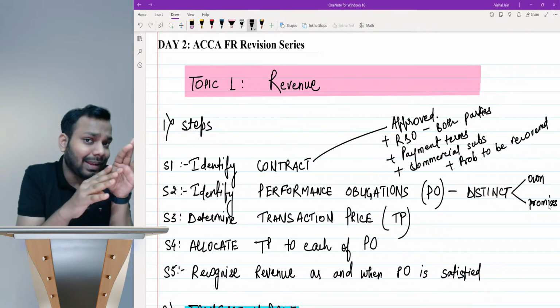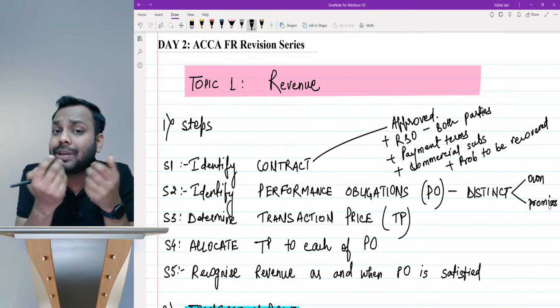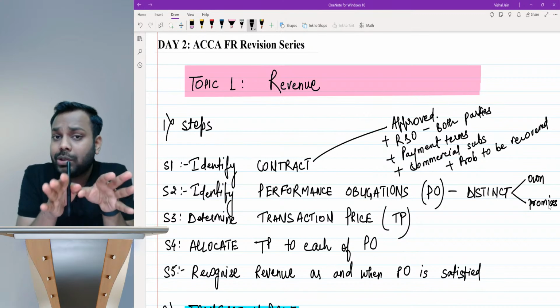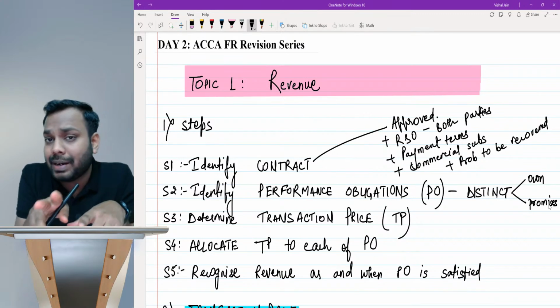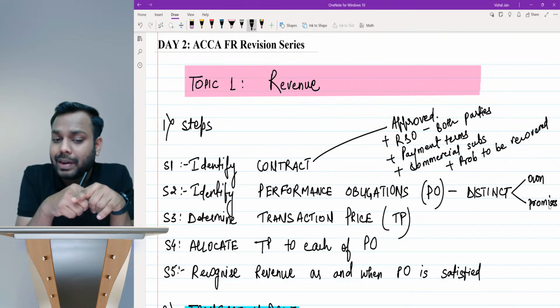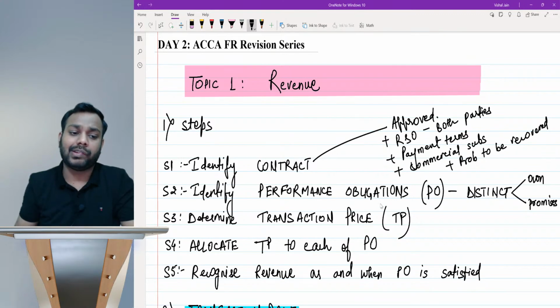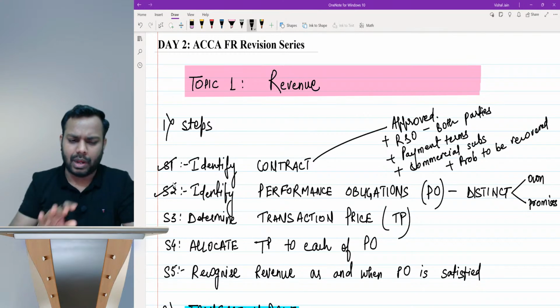Whether the seller can sell it separately or not, and whether the customer can use it separately or not. If both these conditions are satisfied, I can say that the performance obligations are distinct on their own and in relation to other promises in the contract. Is that clear, guys? So we have discussed step number 1 and step number 2 quickly.